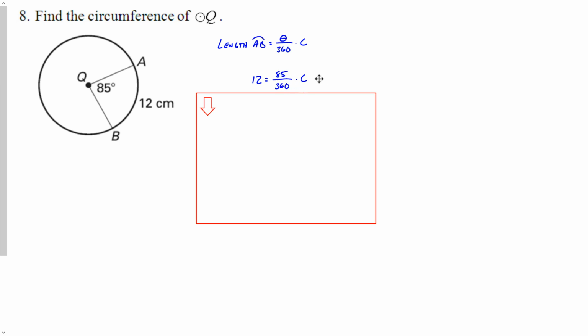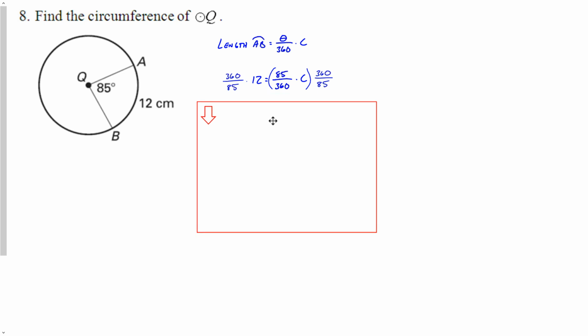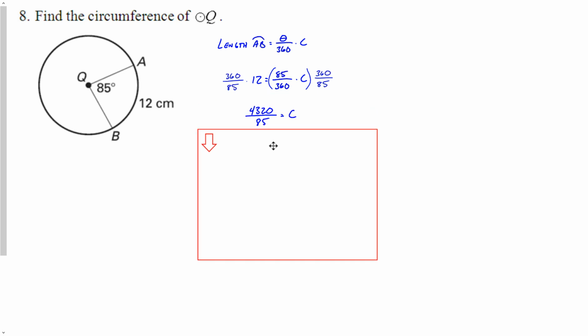Hopefully you recall from algebra that to get rid of a fraction multiplied by a variable, you should be multiplying by its reciprocal. So if I multiply by the reciprocal on both sides, that gives me 4,320 over 85. Again, because the 12 is 12 over 1, and I'm taking numerators together and denominators together. And then, of course, you always have to simplify.